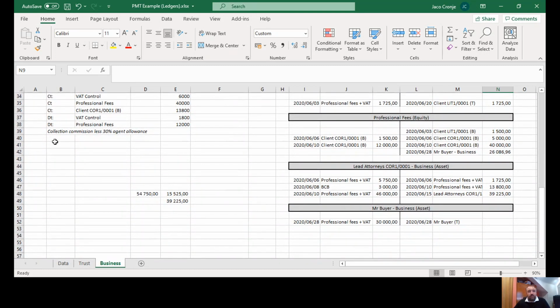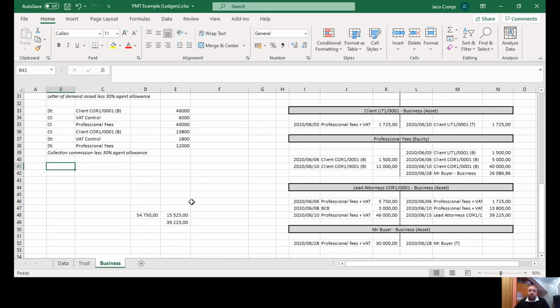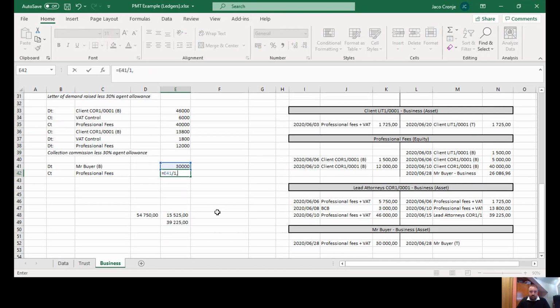So what does that mean? That means I've got to go and do my journal. So what did we do? We debited what? Mr. Buyer, business. What did we credit? We credited professional fees, divided by 1.15, so it's that amount there.